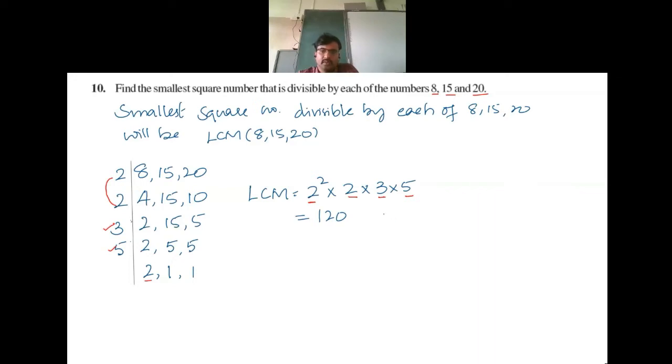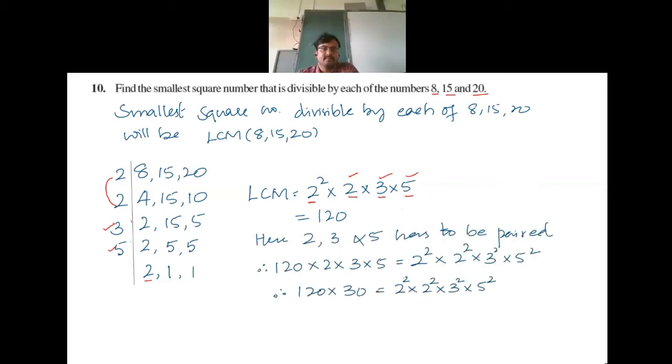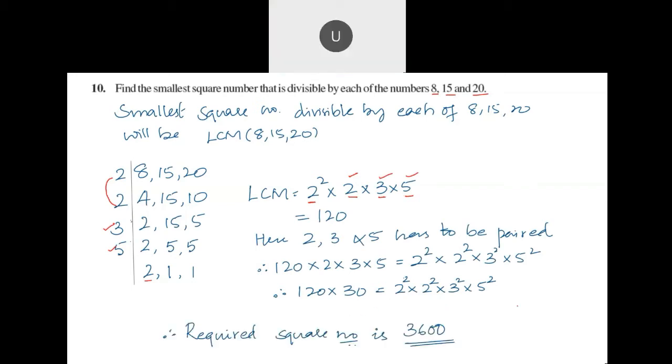Yeah, 120 is not a square number. We need to multiply 2, 3, and 5. So 2 into 3 into 5 has to be multiplied so that we get the square number as 3600. Correct, 3600. All of you have understood this?